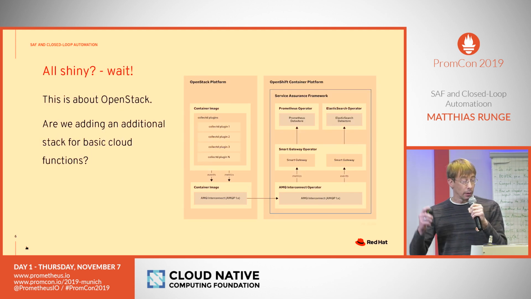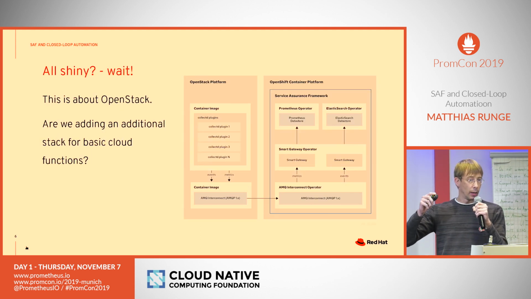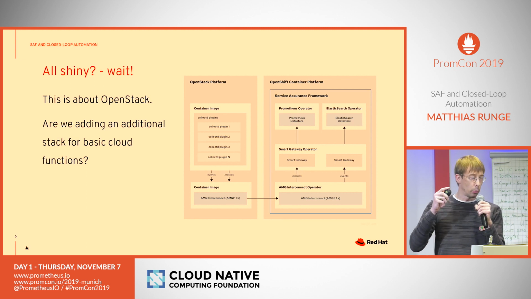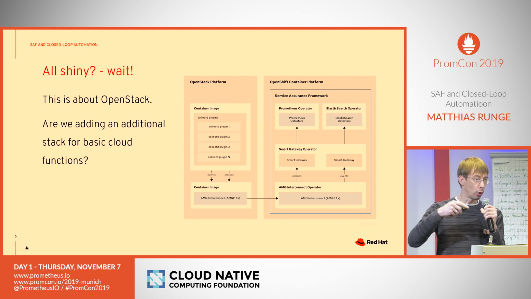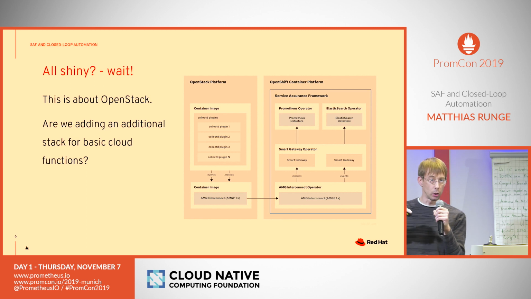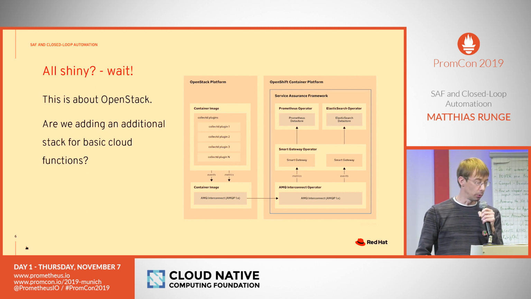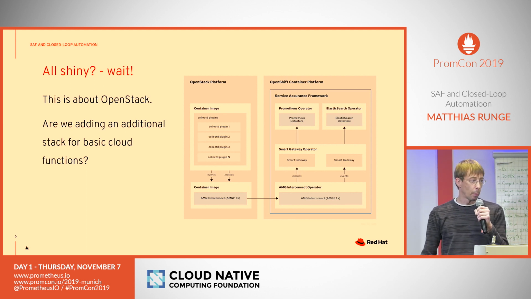The other takeaway here is, even if you could solve the multi-tenant issue, you would also add another technology stack like OpenShift or Kubernetes just to run OpenStack, and that's nothing you really want to go for, since autoscaling is a basic cloud functionality. It should be provided by the cloud or by the infrastructure itself.